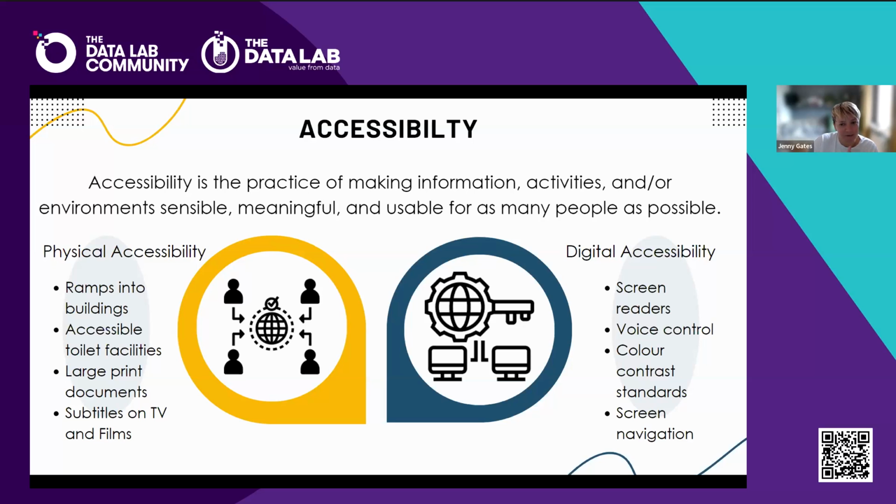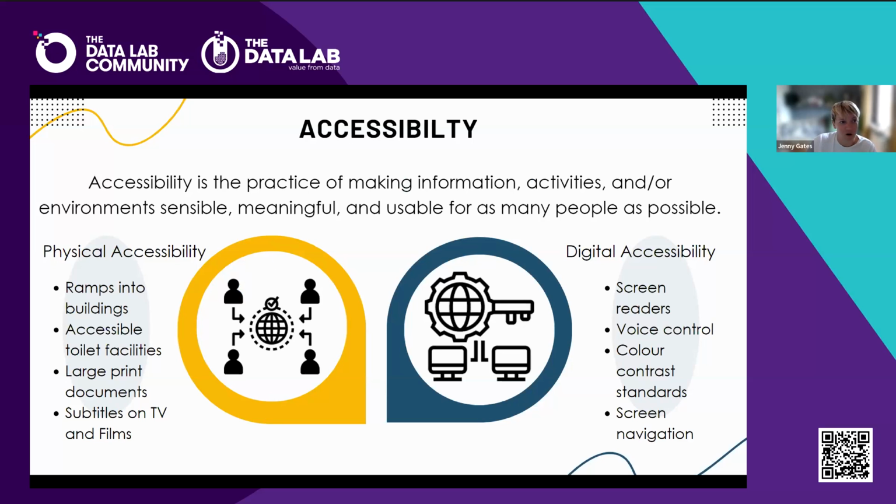To give you some examples that are maybe more familiar, when we think about physical accessibility, you've probably seen ramps into buildings, accessible toilet facilities, you may have seen it in large print documents, subtitles on TV and films, those kinds of things. When it comes to digital accessibility, some of the tools or adjustments you might see, people might use things like screen readers.